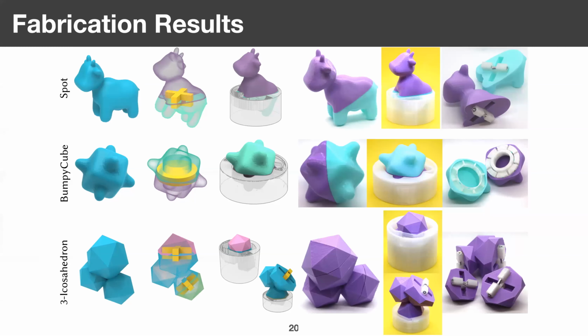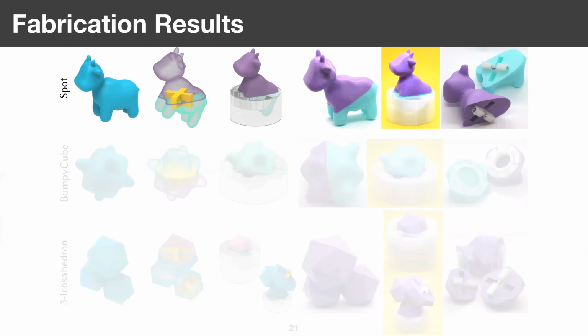So we show several 3D printed results. In the first row, we embedded the cross core in the spot model.